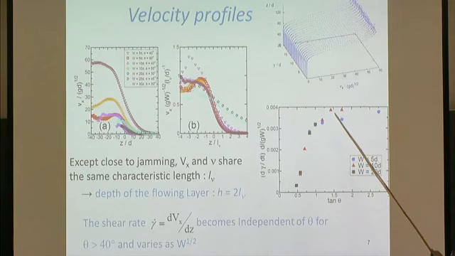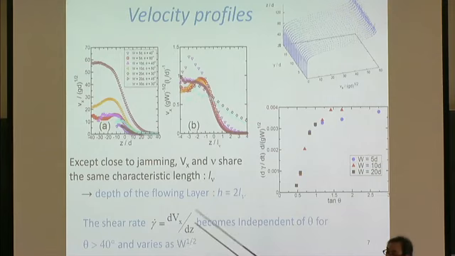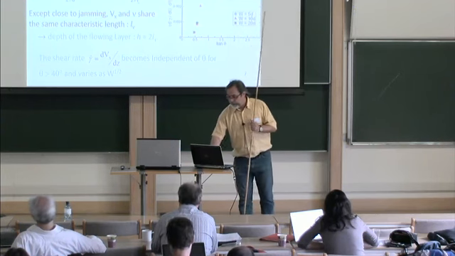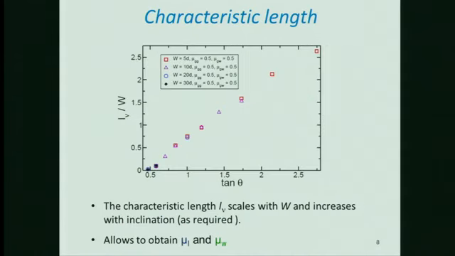And the value of the saturation depends on W. It varies as the square root of the width. So there is a scaling of the shear rate with the width as the square root of W, which can then give us a scaling with the flux and so on. I will come back to this question at the end.